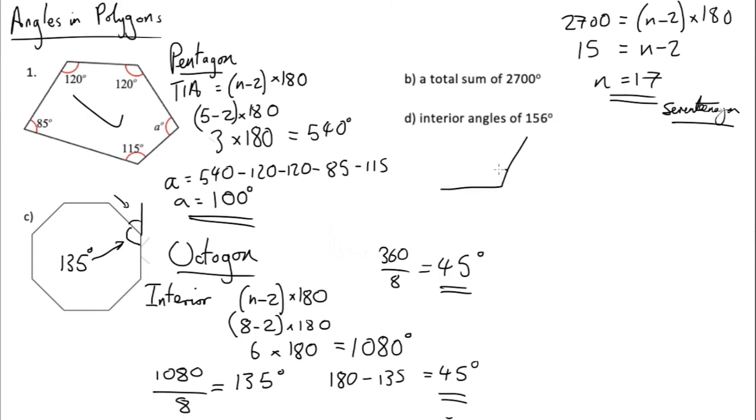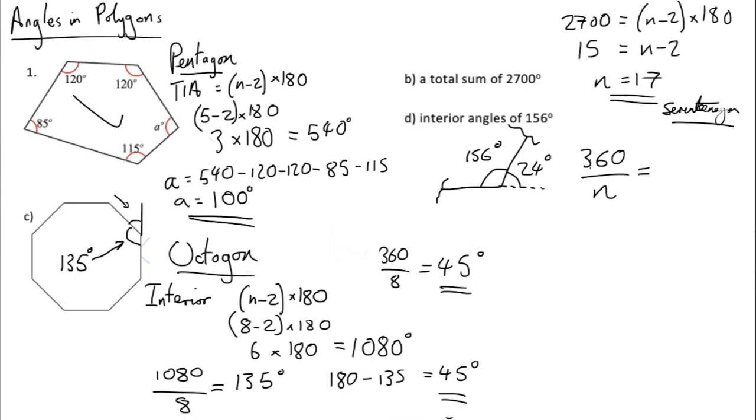Right, well, this is quite an interesting one. If I imagine a bit of this shape, here's like a corner of this shape, and I say, right, that's 156. It's a bit difficult to work it out using this formula. So why don't I think about my exterior angles? So my exterior angle must be 180 take away 156, which is 24 degrees. So with that in mind, let's think about this. 360 divided by n is how we work out the exterior angle.